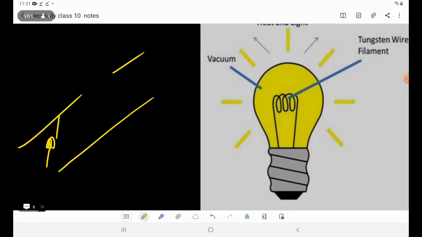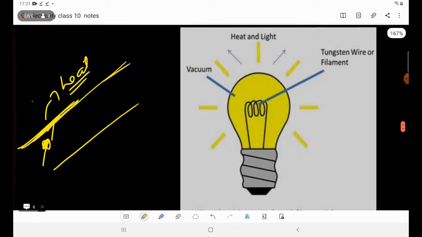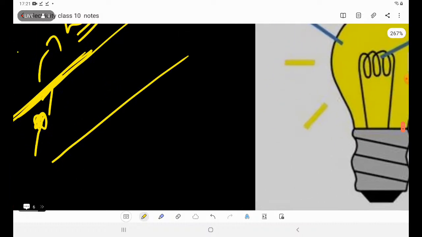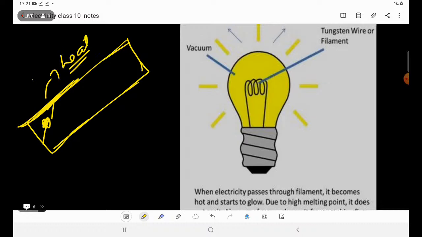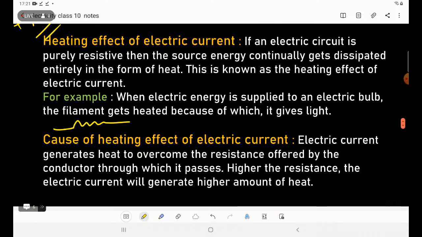This moving will create friction. When friction between the atoms and the surface happens, heat is created. I'm showing you only one atom, but in this much length there will be millions of atoms, and you can imagine how much heat it will produce.